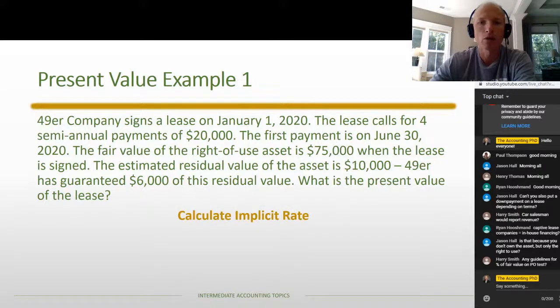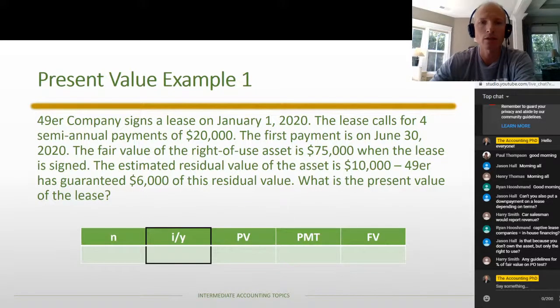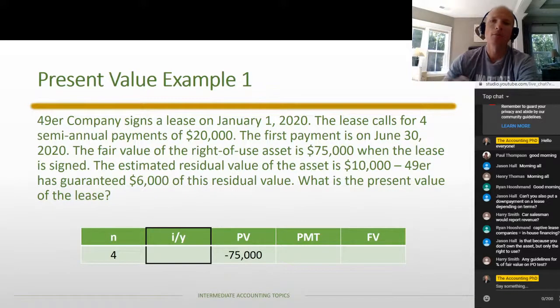All right, so step one, of course, is calculate the implicit rate. Using this information, we're trying to solve for the I/Y from the lessor's perspective. Again, we're adopting the lessor's perspective. And from the lessor's perspective, there are 4 semi-annual periods that are part of this lease agreement. That's fairly straightforward. Now the PV, notice that we're putting in a negative 75,000.